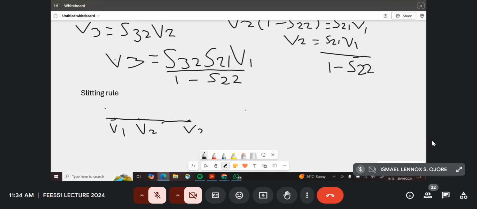Yeah, let's put V3. And here is another node, V4. So here we say this S21, S32, and S42.